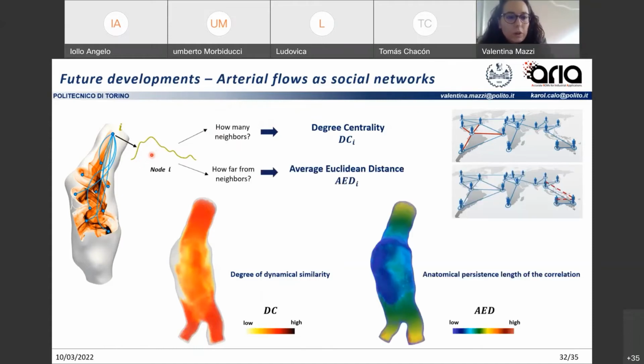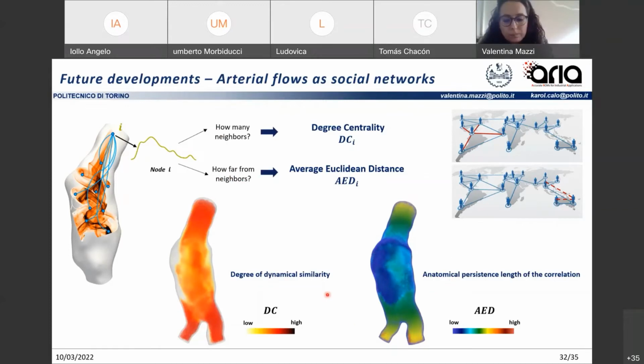We can also measure the distance of each node from all its neighbors by computing the so-called average Euclidean distance metric, which allows for the first time to quantify the anatomical persistence length of the correlation inside an arterial district.